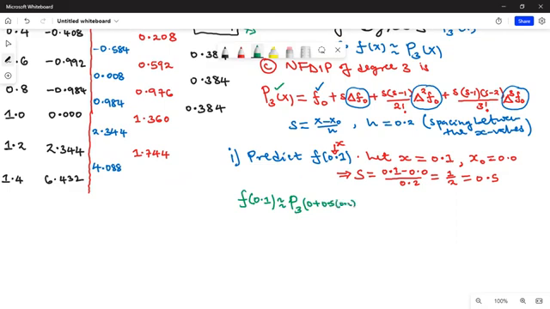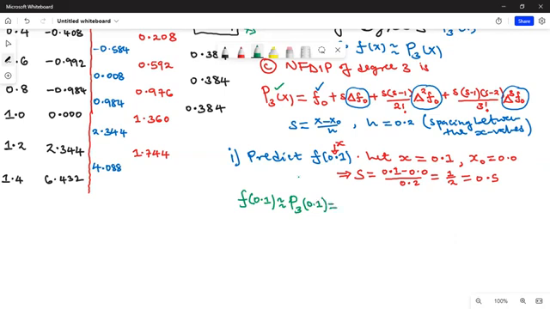That should give us simply 0.1. So I write P3 of 0.1.